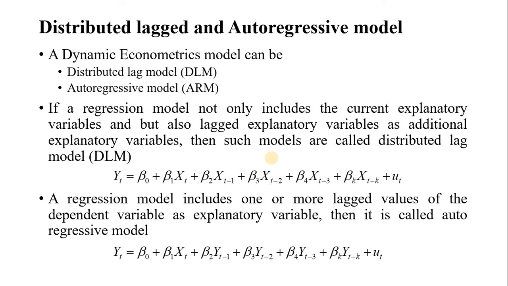So what's the difference? If you are including the lagged values of your independent variable, it is a distributed lag model, and if you are including the past values of your dependent variable, it is called an autoregressive model.